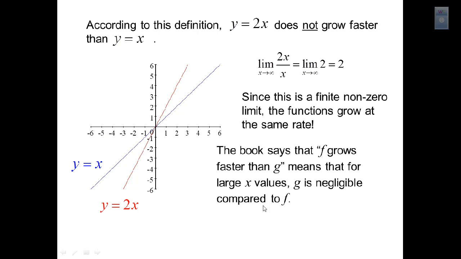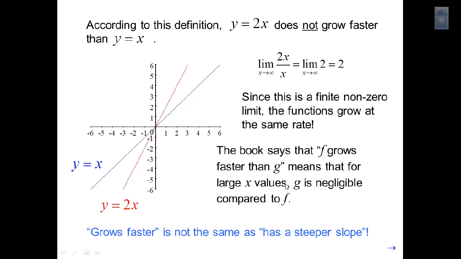It has to grow dramatically faster, not just by a multiple faster, but I mean grow at a faster rate for it actually to grow faster. So easiest way to remember that is grows faster is not the same as has a steeper slope.